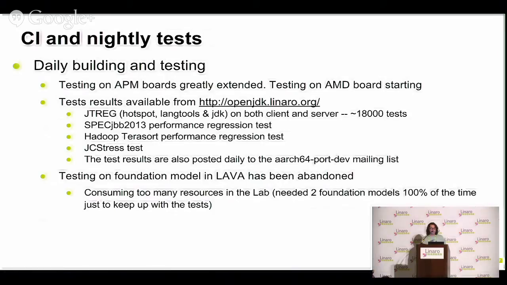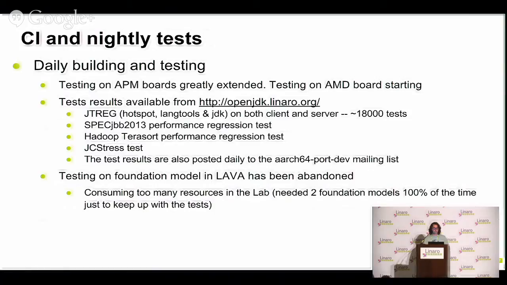So right now we do basically a build of the OpenJDK tree on every commit into that tree, and we are building natively and testing natively on Applied Micro Mustang boards. We push those results to openjdk.linaro.org, and there's a broad spectrum in terms of JTREG as a regression test, and as it says here, there are like 18,000 tests, so it's pretty comprehensive.